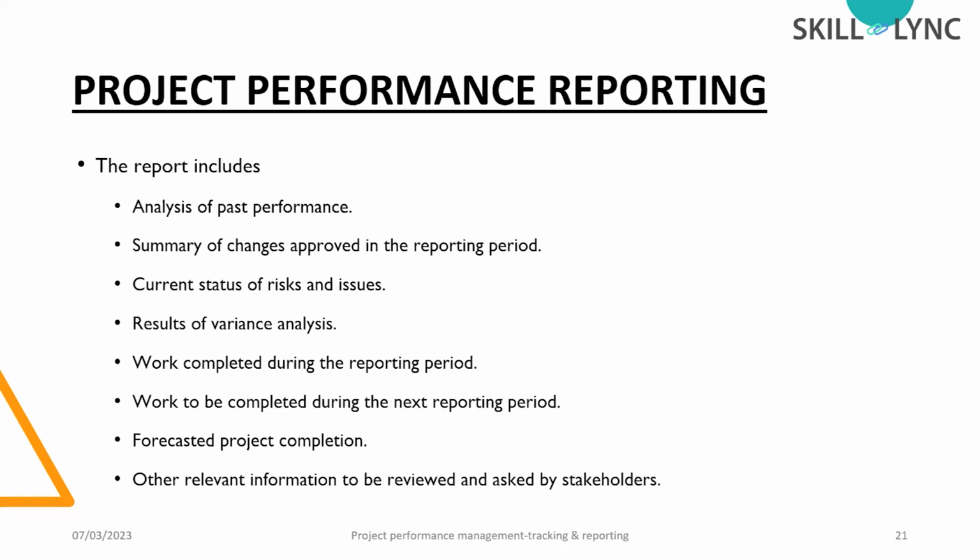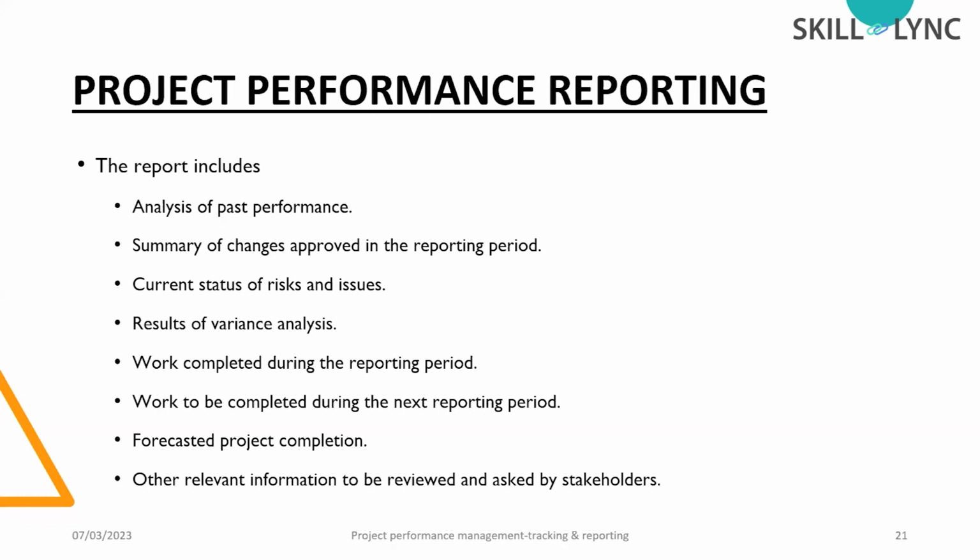Then we will prepare the results of variance analysis. We understood that there is schedule performance variance and cost performance variance, and we will check those results as well. Next will be the work completed during the reported period. There will be two factors: one will be the work to be completed as per the plan, and one will be the actual work completed. We need to mention both.